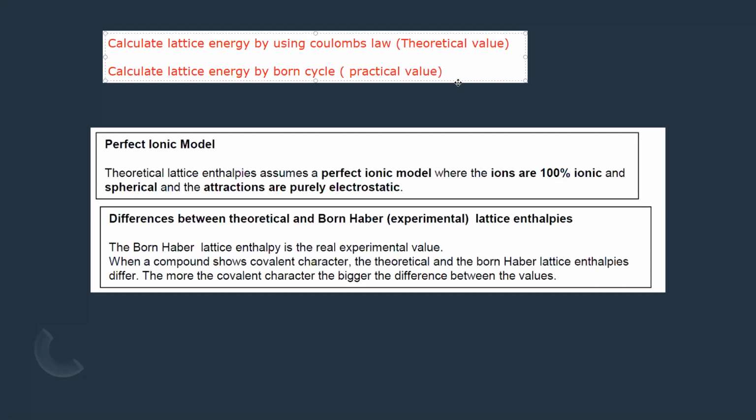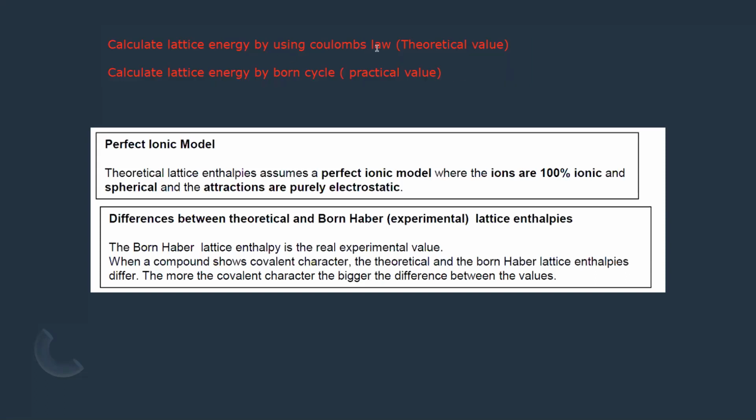So what we observe when we calculate the lattice energy by Coulomb's law, and when we calculate it by the Born-Haber cycle, which is the practical value, is that we find a difference between the values.